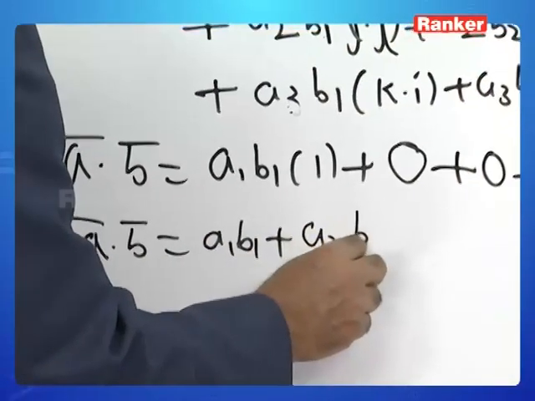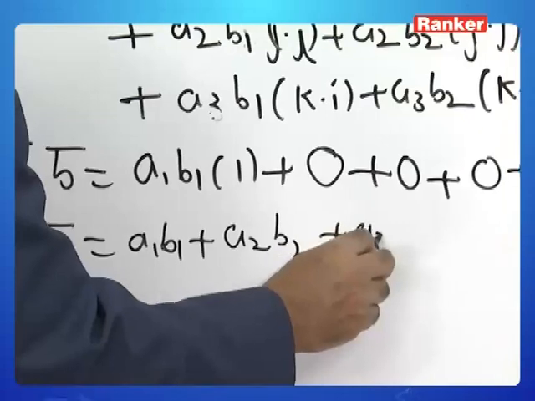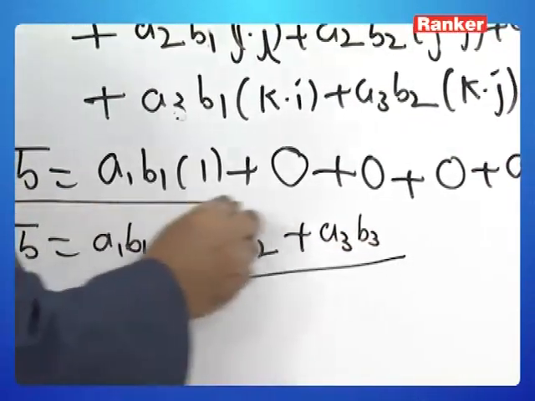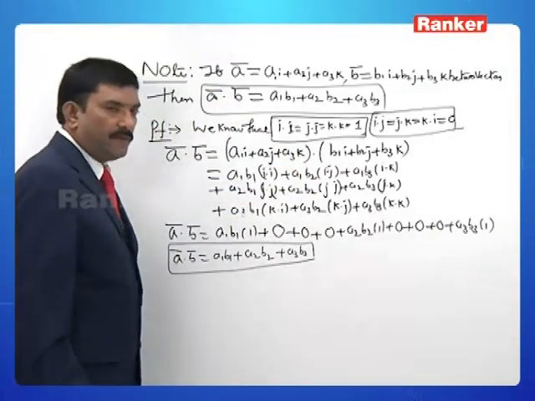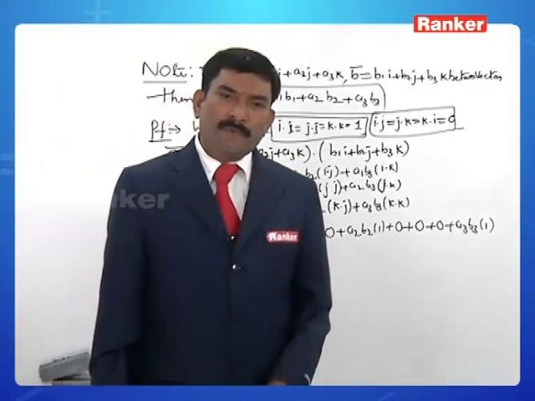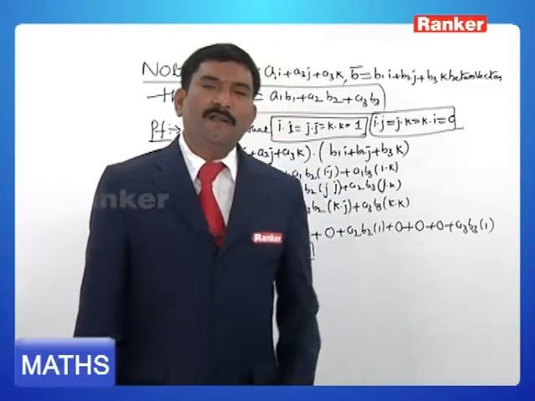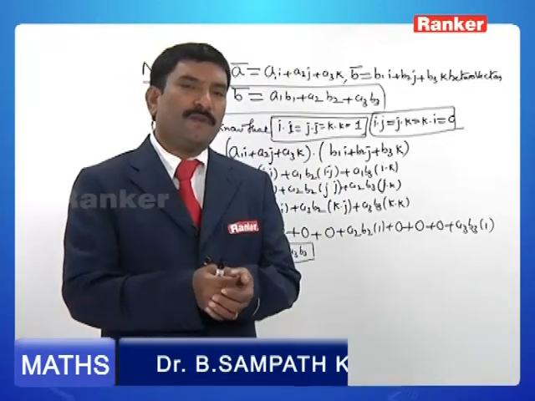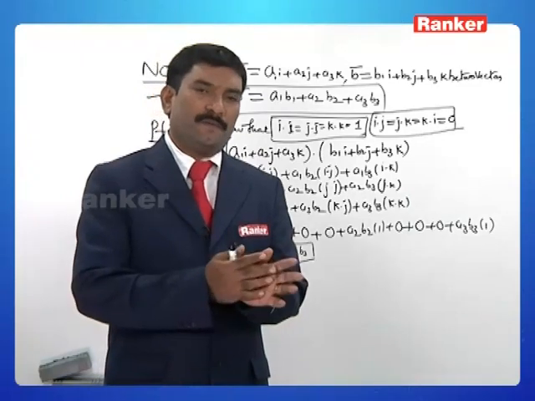A1 B1 plus A2 B2 plus A3 B3, this we arrived at. So therefore, this is the ordinary dot product when the angle between the two vectors is not given.